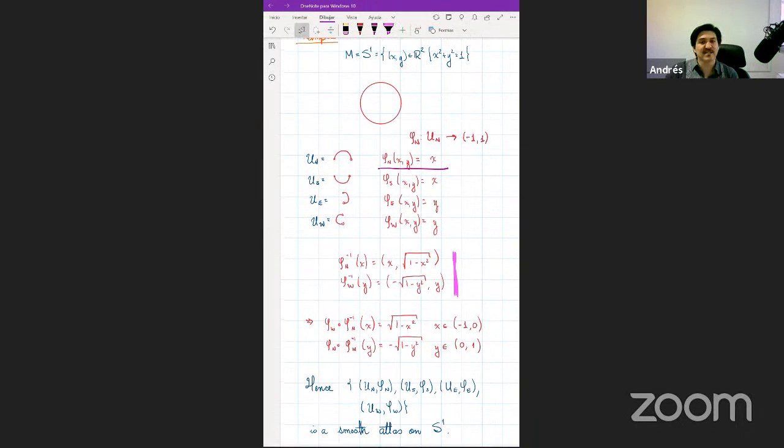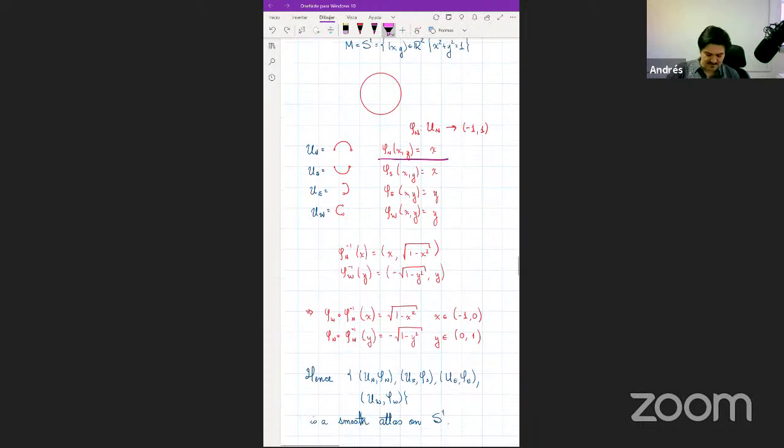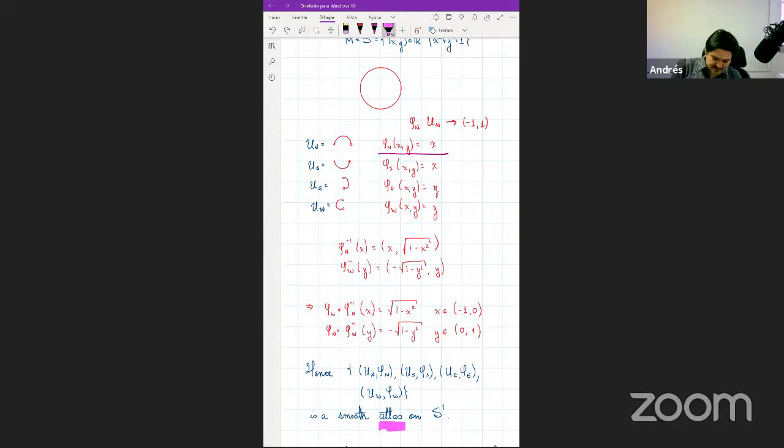So what you have is an atlas. Remember that with this 2 is not enough because we don't cover the whole circle. That's why we need the other 2 open sets. We just check these 2, but any pair of shards that you take, they're going to be compatible. So you have an atlas on this one.